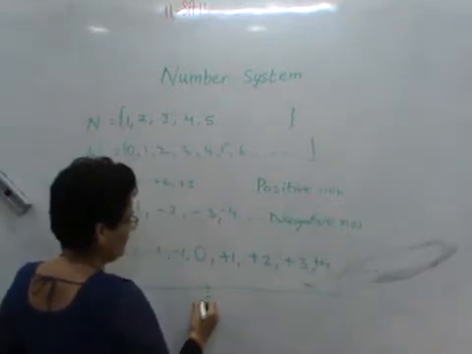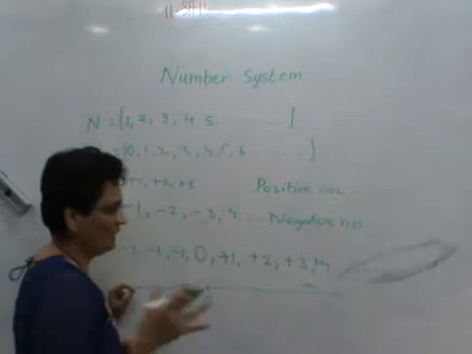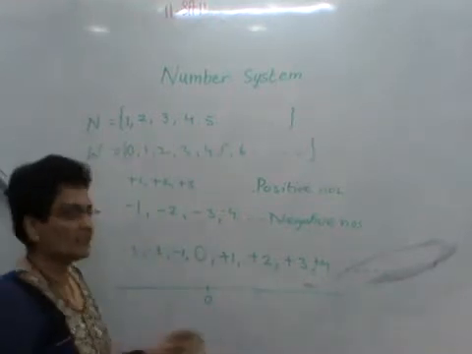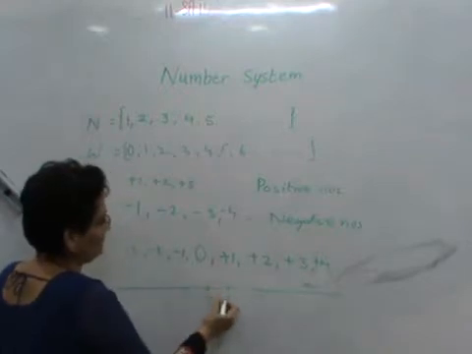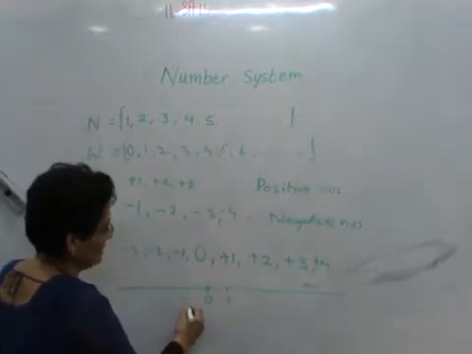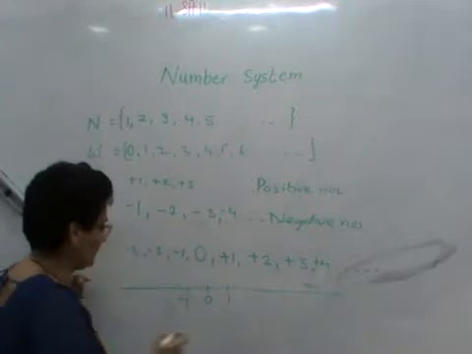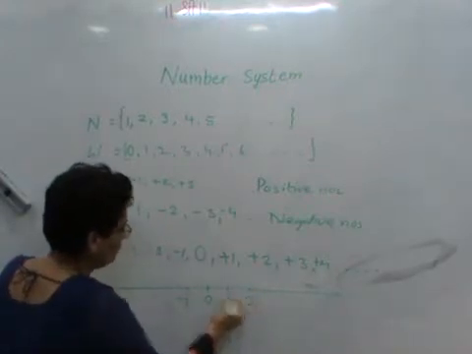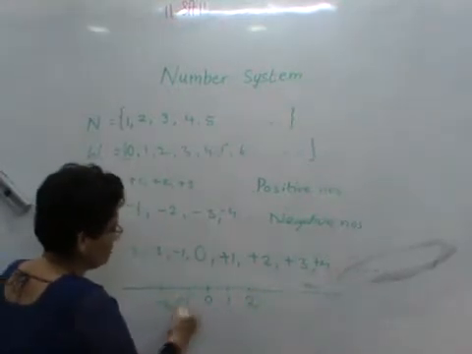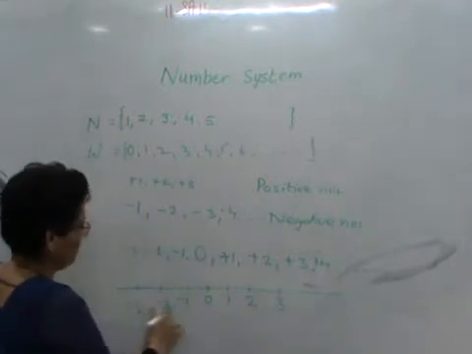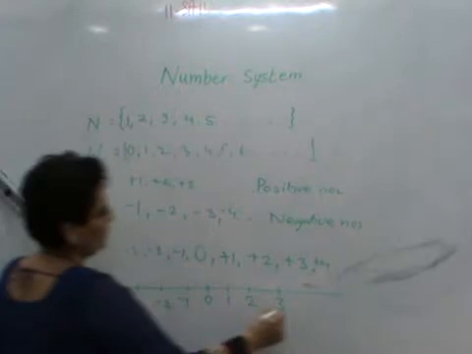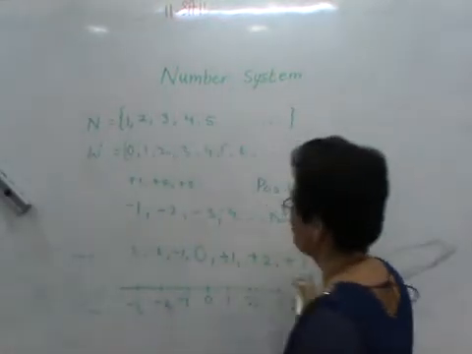So you can say 0 is in the middle. By and large you can say 0, then 1; on the right side 1 is always plus 1, on the left side 1 is always minus 1. 2, minus 2, 3, minus 3. So you can write this as a number line.